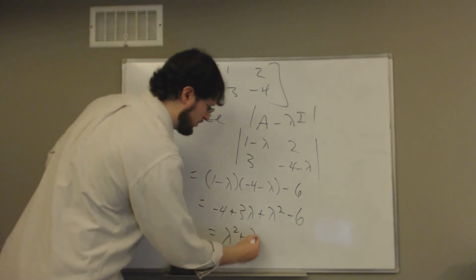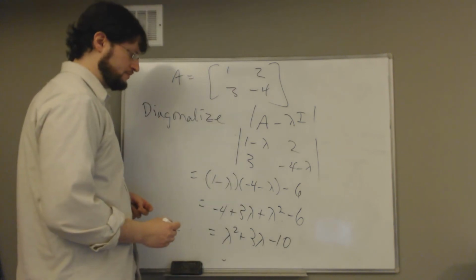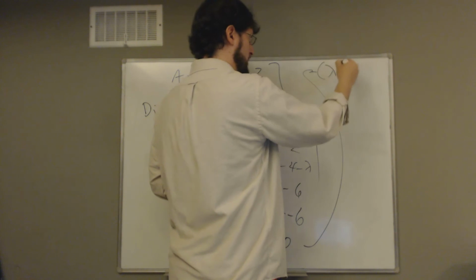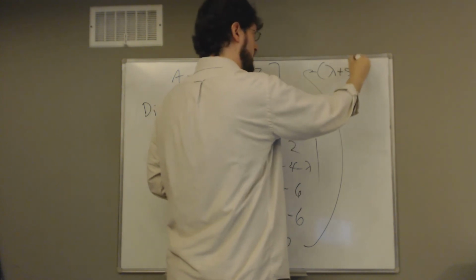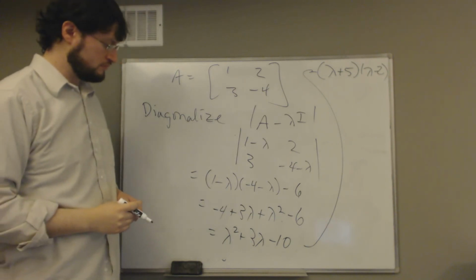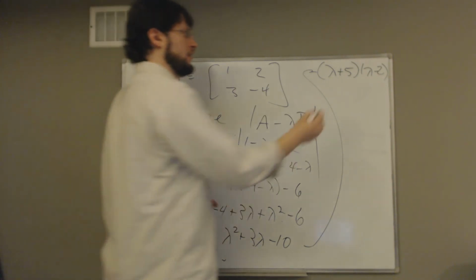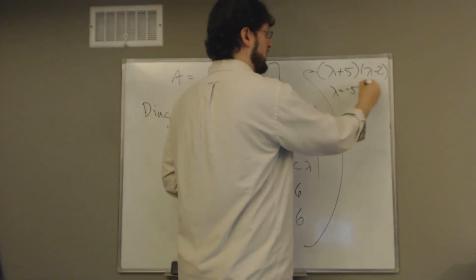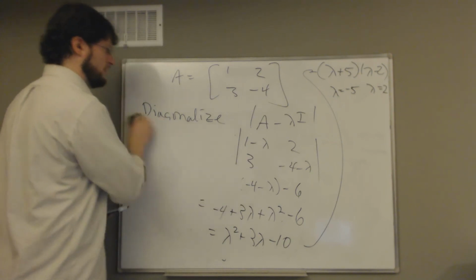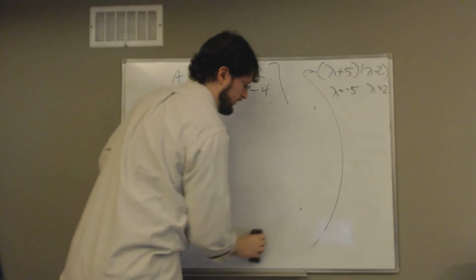That's lambda squared plus 3 lambda minus 10, which becomes (lambda + 5)(lambda - 2). And so that tells us that our eigenvalues are -5 and 2. And now we have to go through the whole process of finding the eigenvectors.